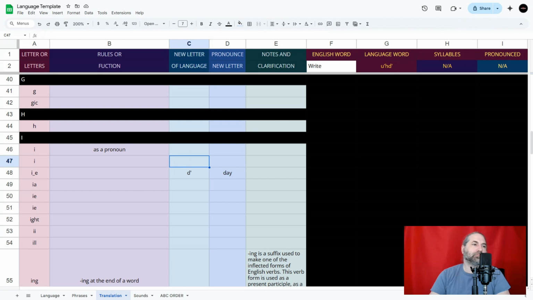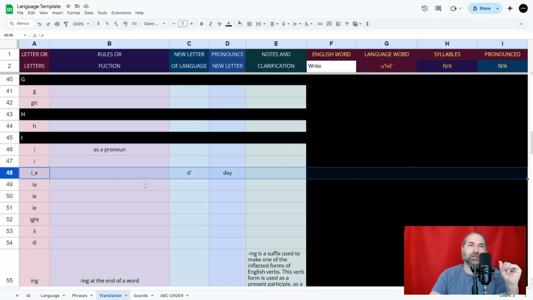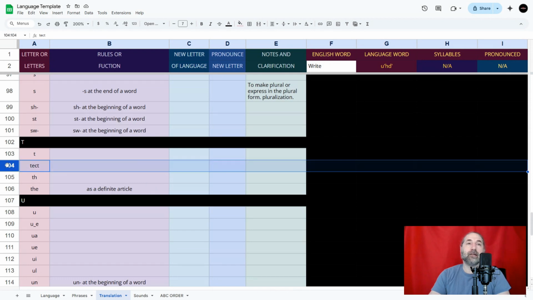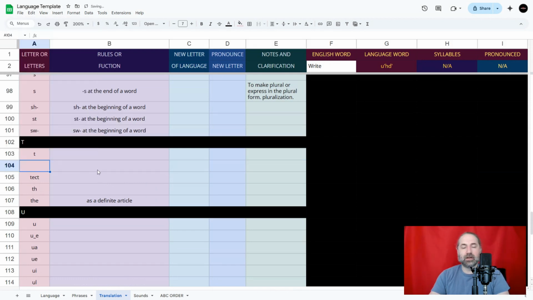Now, because E no longer exists, since it's part of the magic E, this function makes the D or the day sound. So now we just need to come up with T. So we go down to T, and again I could create a new T just in case.